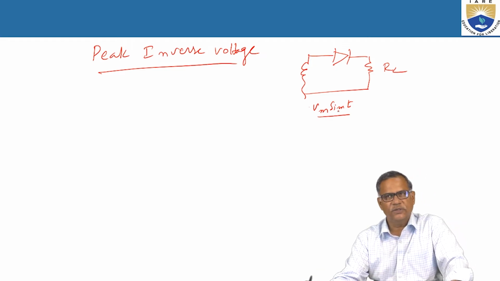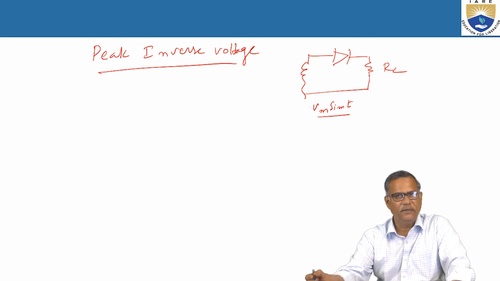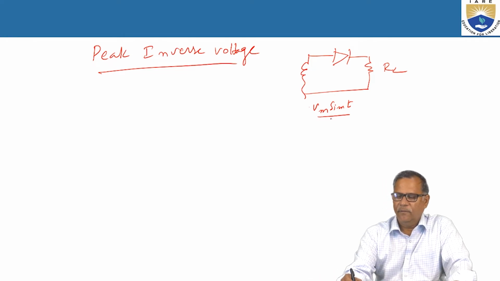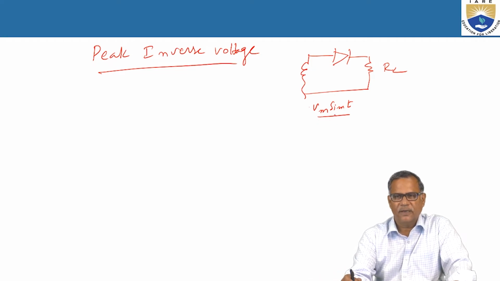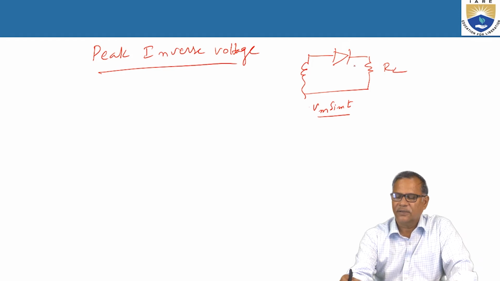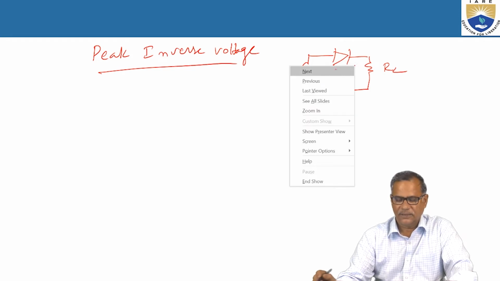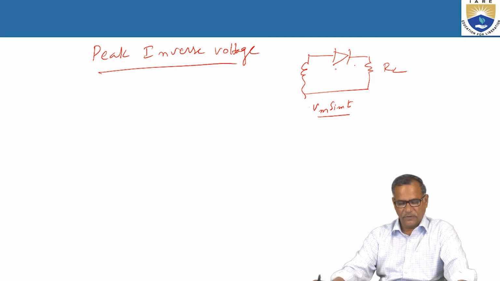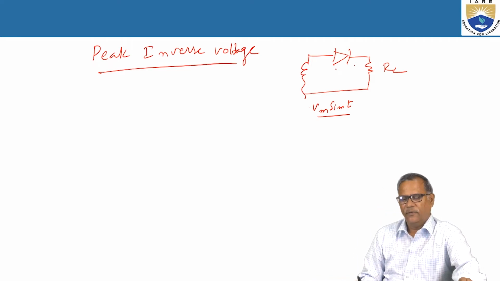When the voltage is positive, the diode is forward biased and practically zero voltage appears across the diode. But when the voltage becomes negative, the diode is reverse biased and the total voltage appears across this diode. So what is the maximum voltage? You get minus Vm. So the peak inverse voltage is Vm.